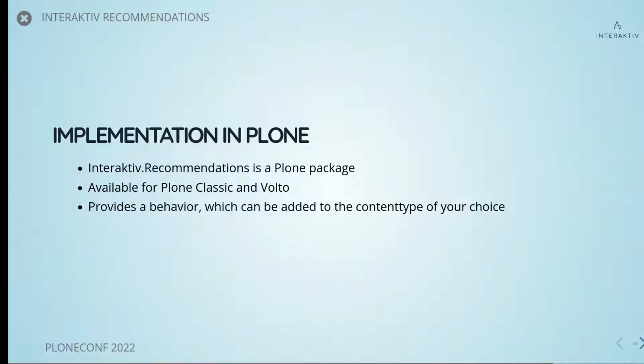So this was just about how the recommendation system works underneath. Now we will take a look at how it looks in Plone Classic and Volto. After you have installed the package, you have to add the recommendations behavior to the content type of your choice manually.